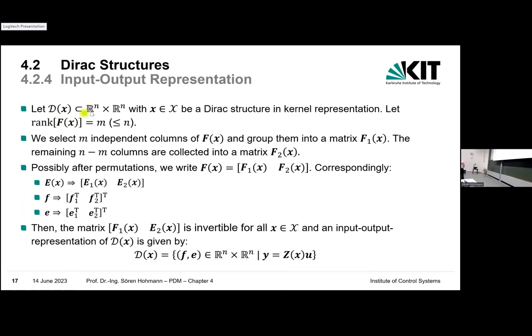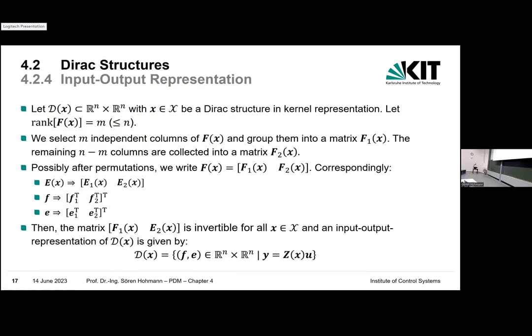Suppose we start with the Dirac structure in the kernel representation, with a rank of F equal to m, which might be smaller or equal than n. Now we select n independent columns of F and group them all together in matrix F1.